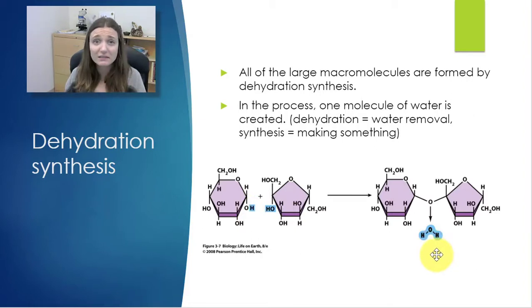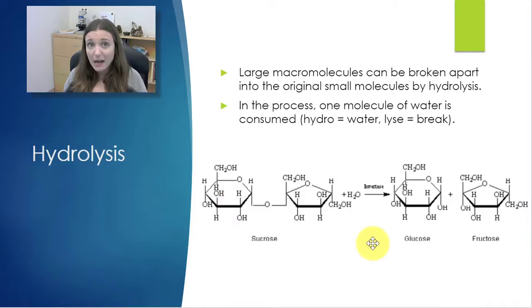So we build macromolecules, we build polymers, we connect monomers together to make polymers through the process of dehydration synthesis. Sometimes we need to break down those macromolecules into their monomers though, right? So we can reverse this process. We can take the polymers and break them down into the monomers through the opposite process called hydrolysis. Lysis means to break and hydro means water. So we basically do the opposite.